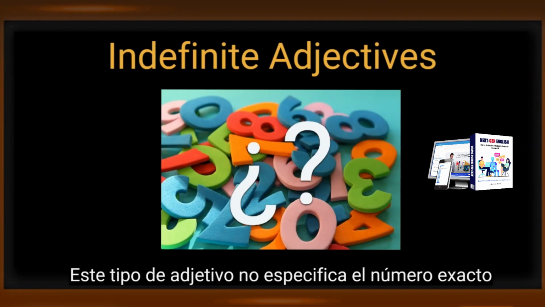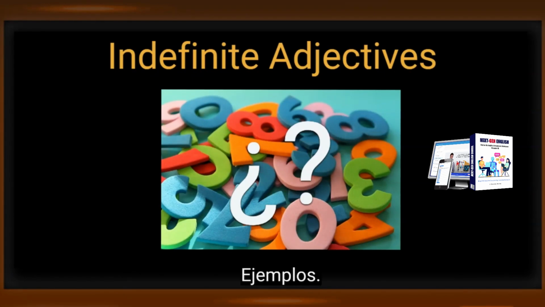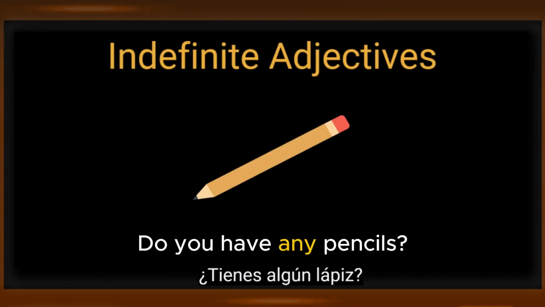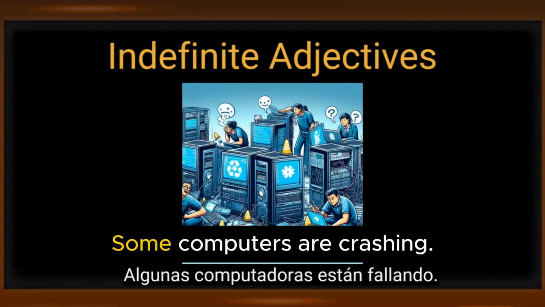Indefinite adjectives. This type of adjective doesn't specify the exact number of nouns that there are in a sentence. Examples: There are several cell phones on sale. Do you have any pencils? There are many ways to solve this. Some computers are crashing.